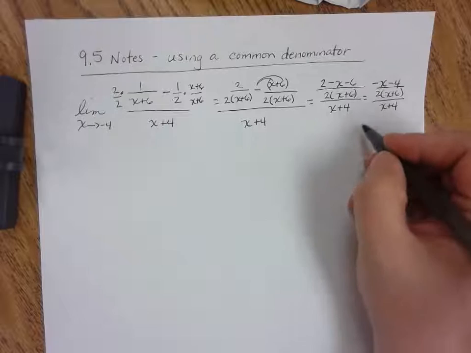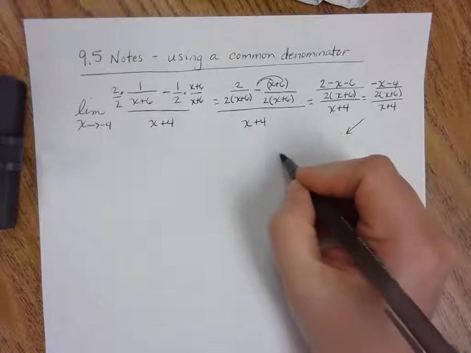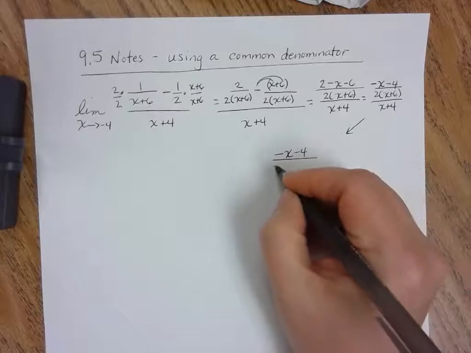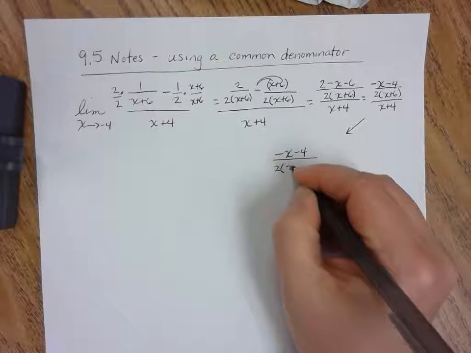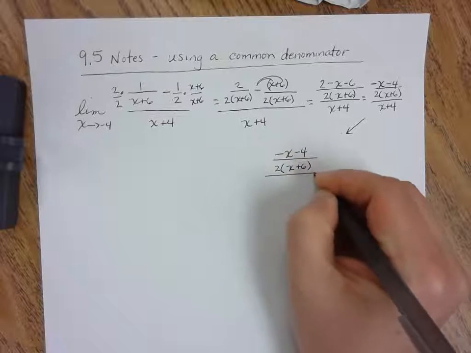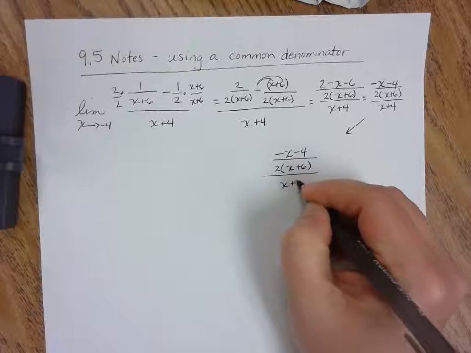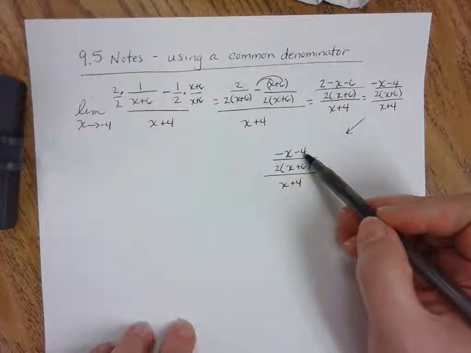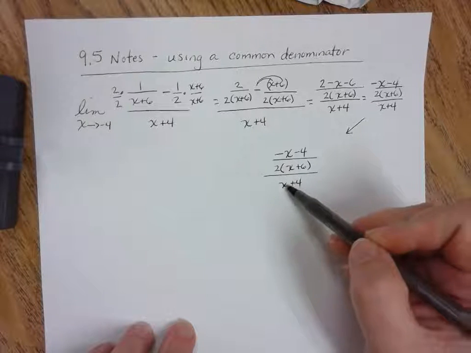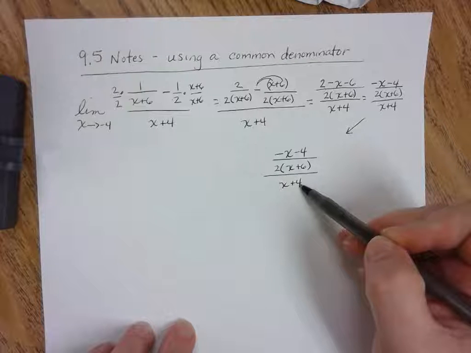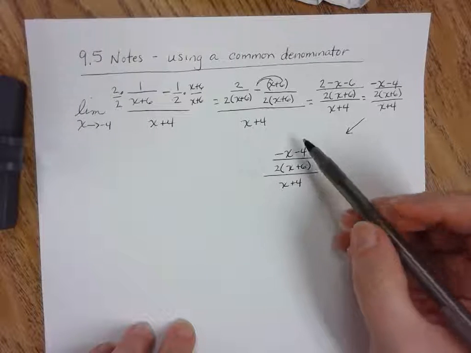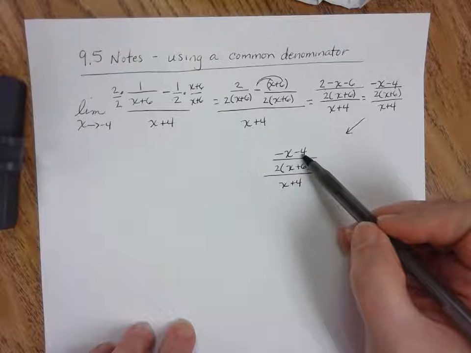So I'm going to bring this down so we can see it a little bit more clearly. Negative x minus 4 over 2 parentheses x plus 6 over x plus 4. Well, what I do recognize about this numerator and this on the very bottom, they are similar, and actually they're exact opposites.